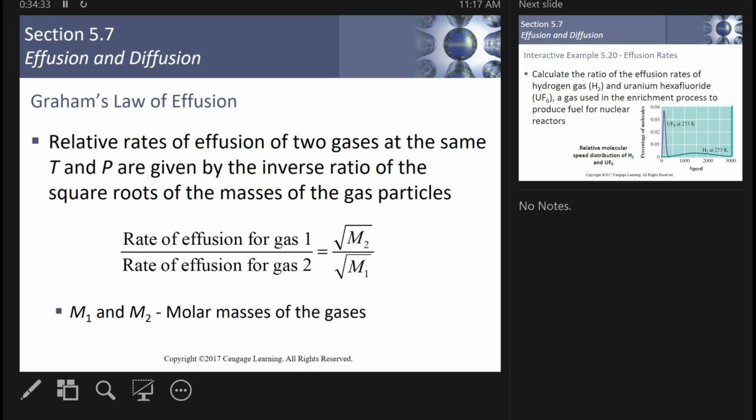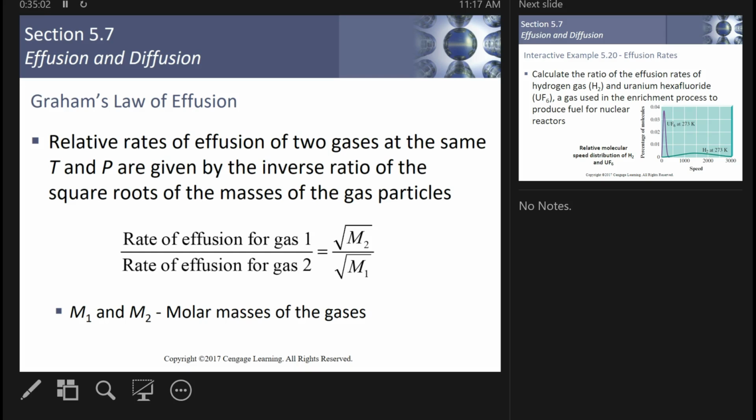So the rate of effusion is inversely proportional to the square root of the molar mass. Think of half mv squared; deriving the formula from half mv squared is where the radical, the square root, comes from. So rate 1 over rate 2 is equal to the square root of the molar mass of 2 over 1.